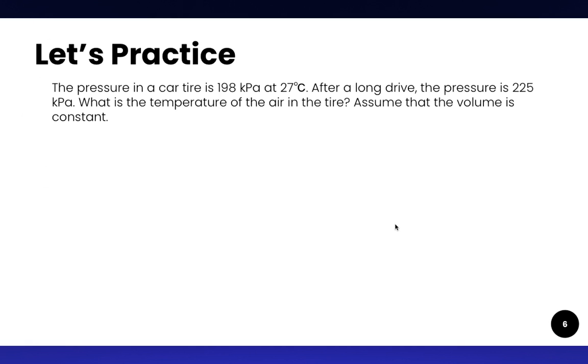So we're going to assume the volume in the tire is constant, meaning that we use Gay-Lussac's law. What are they asking for? They want to know the temperature of the air in the tire after the long drive. So that's T2. Now we just need to identify the things we know.